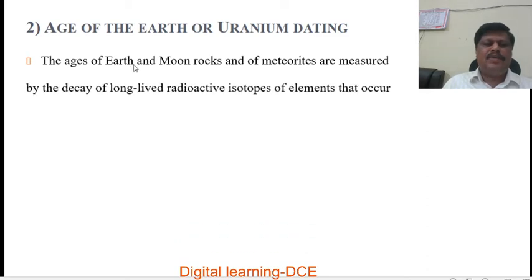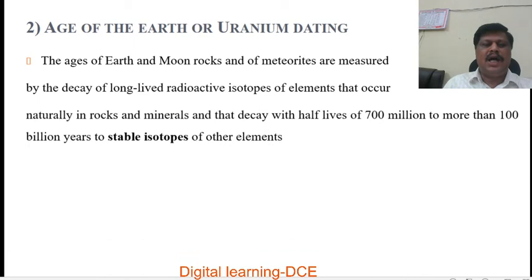The ages of Earth and Moon rocks and of meteorites are measured by the decay of long-lived radioactive isotopes of elements that occur naturally in rocks and minerals, and the decay with half-life of 700 million to more than 100 billion years to stabilized isotopes of other elements.